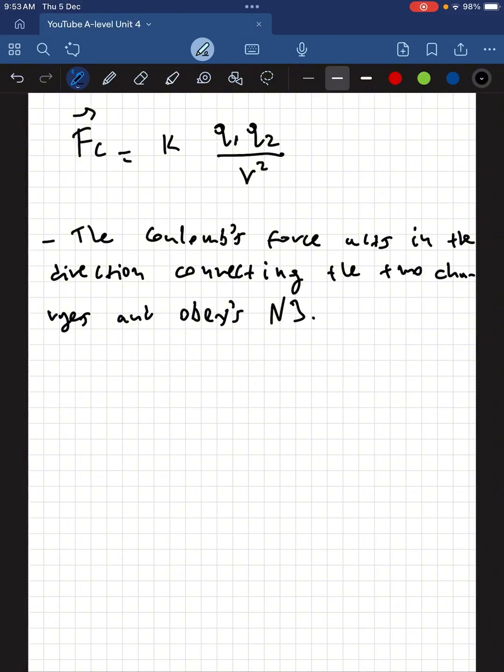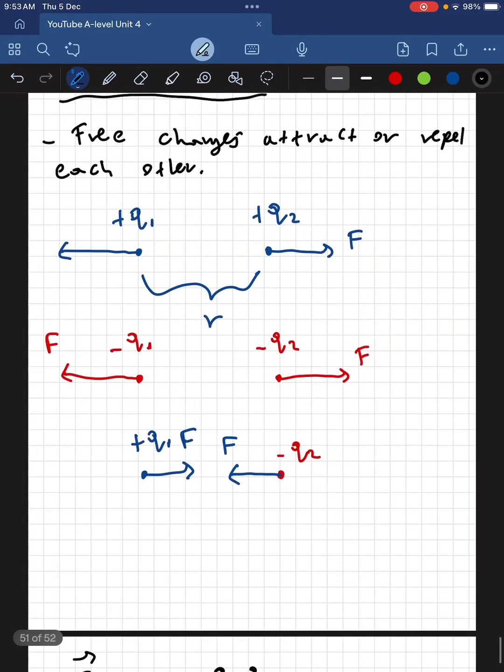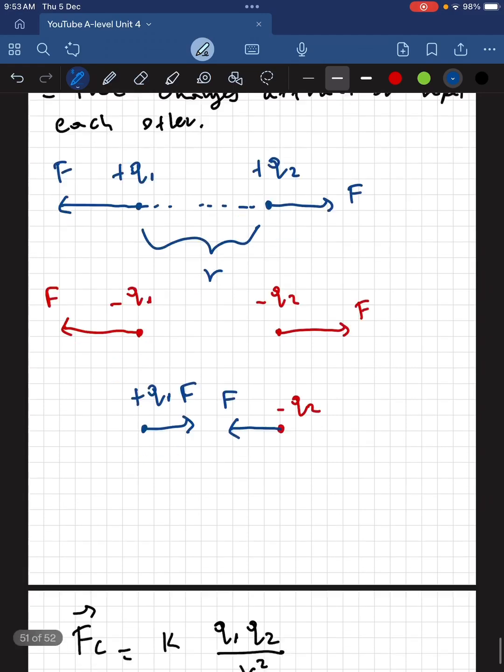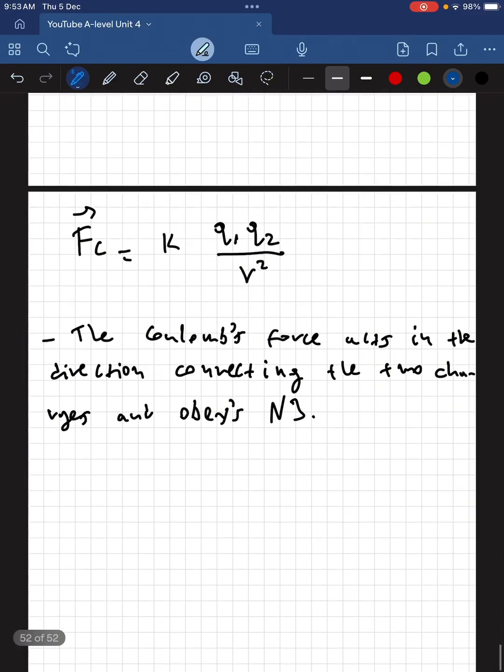I'm going to write it as N3, Newton's third law. And we can see this here. This is the line connecting the two charges, right? So the force is along this direction. Okay, and if F is the force exerted on Q2 due to Q1, then F is also the force exerted on Q1 by Q2. Therefore, Newton's third law is obeyed.